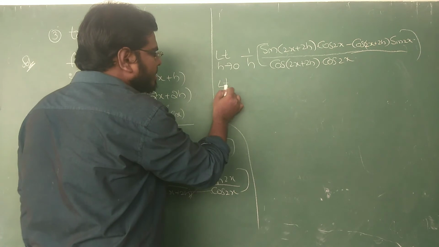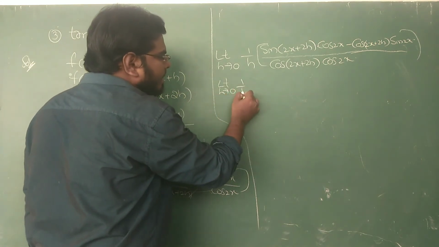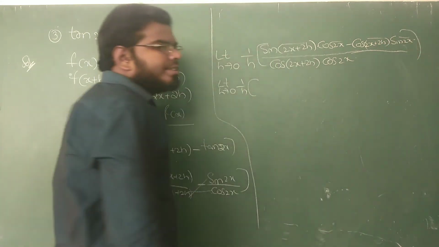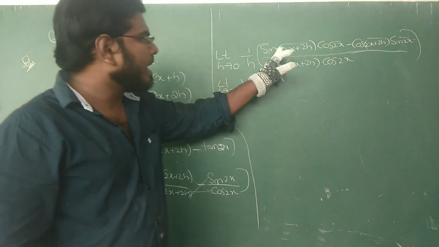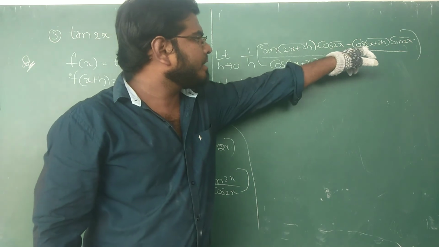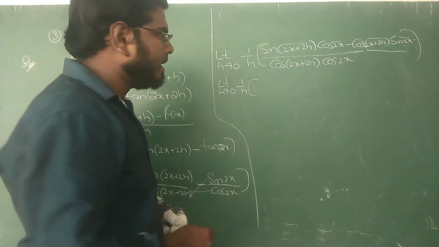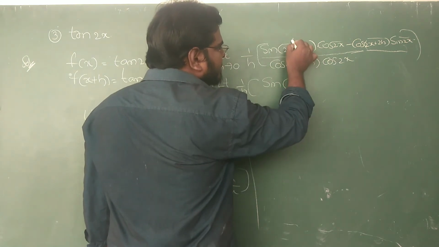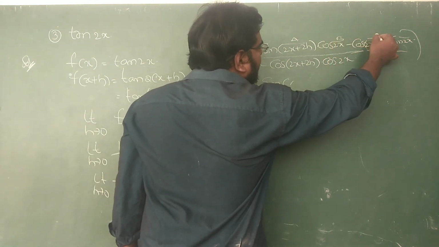Now the next step: limit h tends to 0, 1 by h. This looks like the sin of a minus b formula: sin a cos b minus cos a sin b. What is the formula of sin of a minus b? This is a, b, a, b.